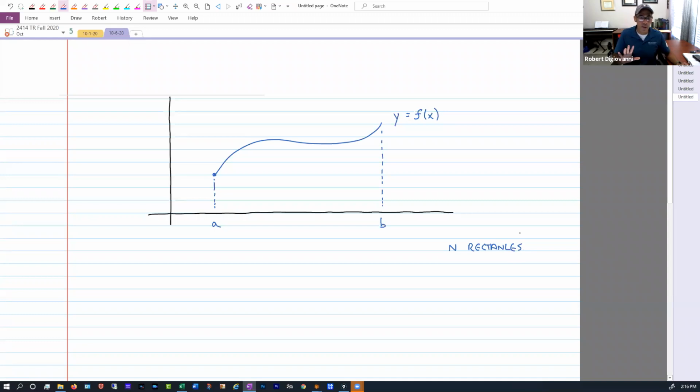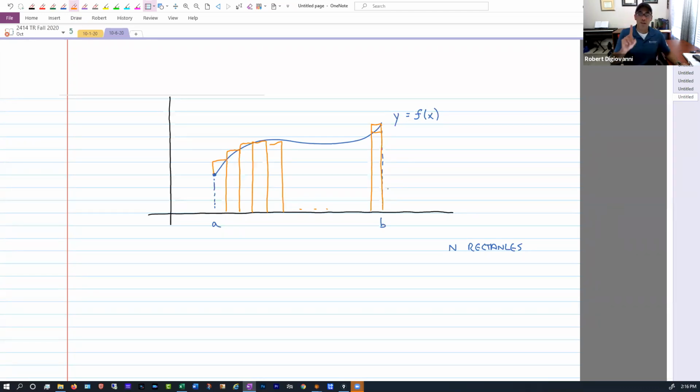So I'm not telling you how many, right? So maybe we have one here. I'm gonna do a different color. We have one here. By the way, these are all the same width, okay? So they're equal widths. And we have a bunch of them in here, and then we have our last rectangle out here. Okay, so I'm not telling you how many, we just have n.